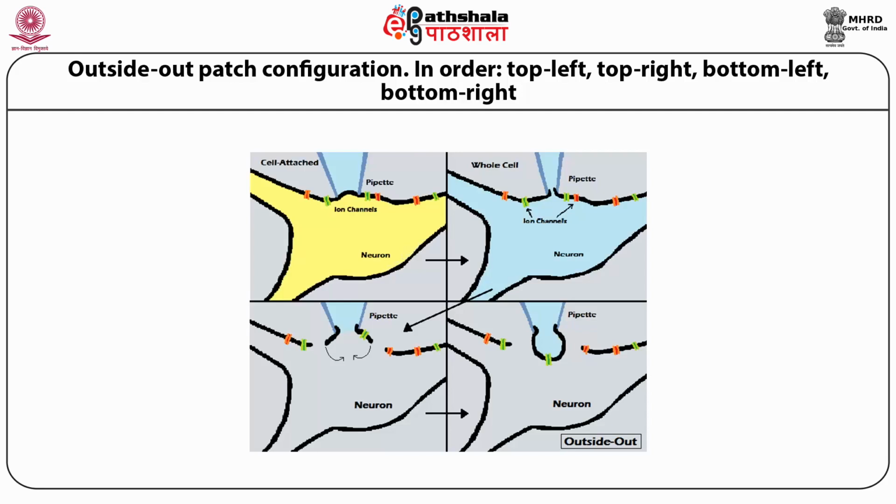After getting the giga seal, the whole cell configuration can be obtained by breaking the cell membrane in the patch pipette. After getting the whole cell, the patch pipette is pulled slowly and a piece of membrane is broken. When it is out, the membrane seals and you can get the outside out patch configuration.